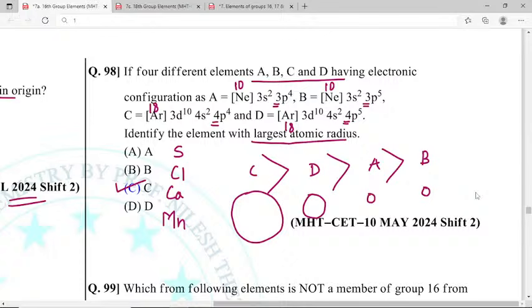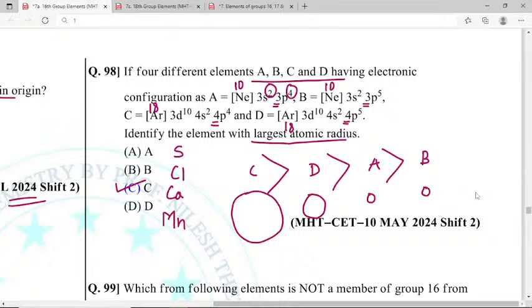Please mention if you are getting this one. How to find out the element from the atomic number? Neon has atomic number 10, so 10 plus 2 plus 4, how much? 16.